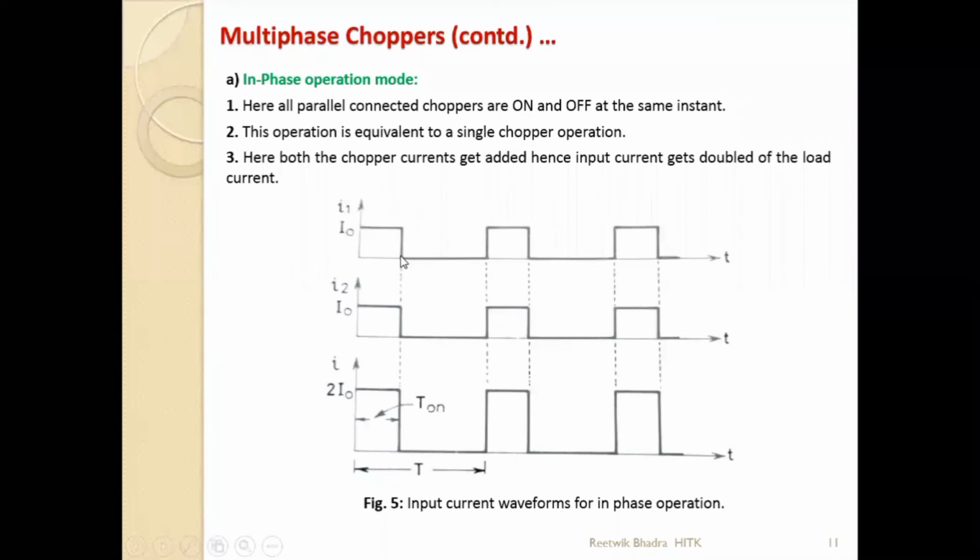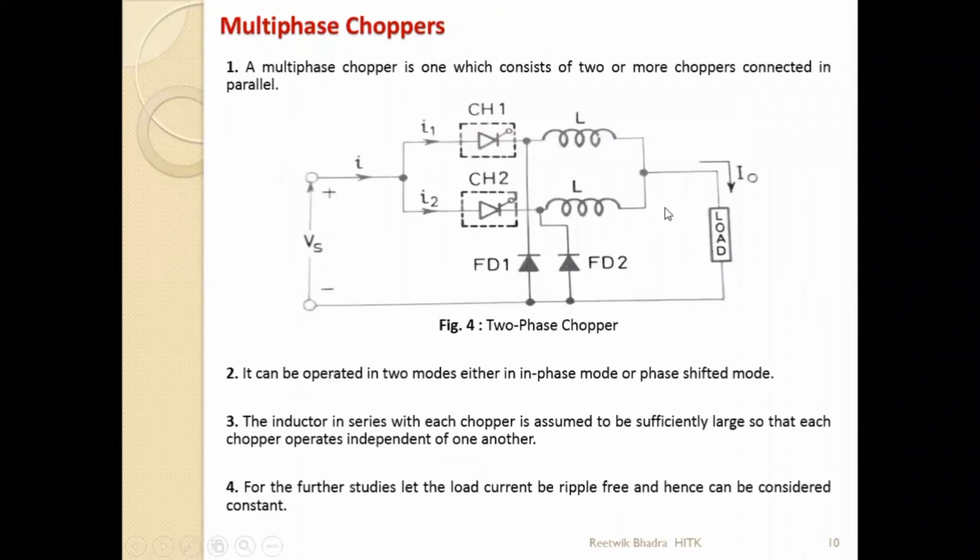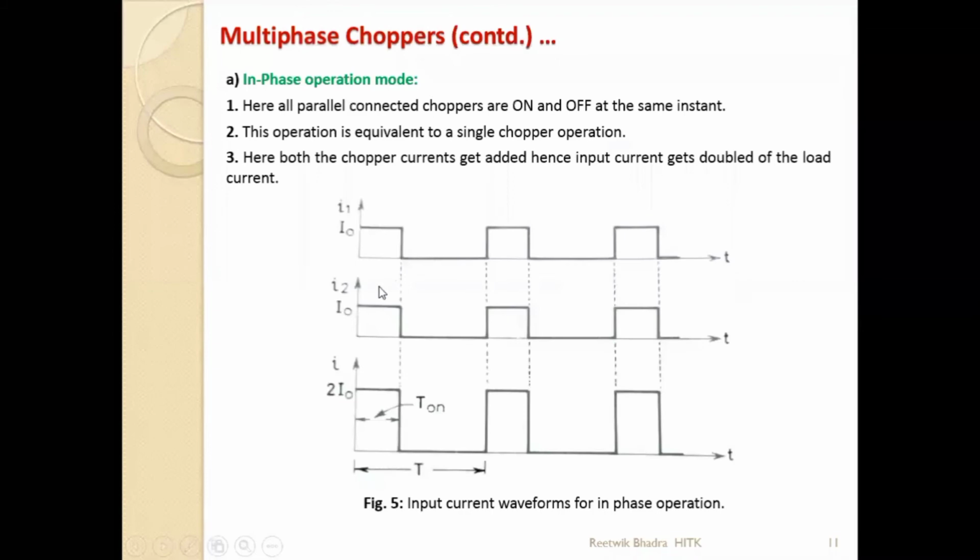So whenever I1 is flowing, I2 is also flowing. Whenever I1 is 0, I2 is also 0. Now what will be I0? If you apply KCL at this node, you get I1 plus I2, which is nothing but twice I0. So there is double the output current. So twice I0, then 0, then again twice I0, then 0. This is in-phase operation.